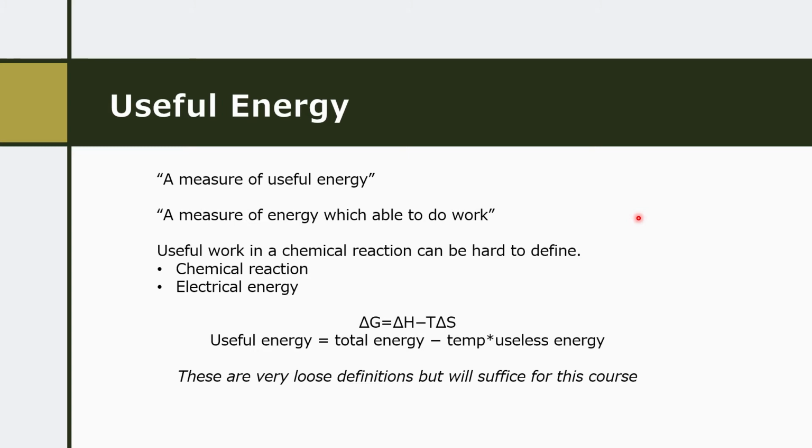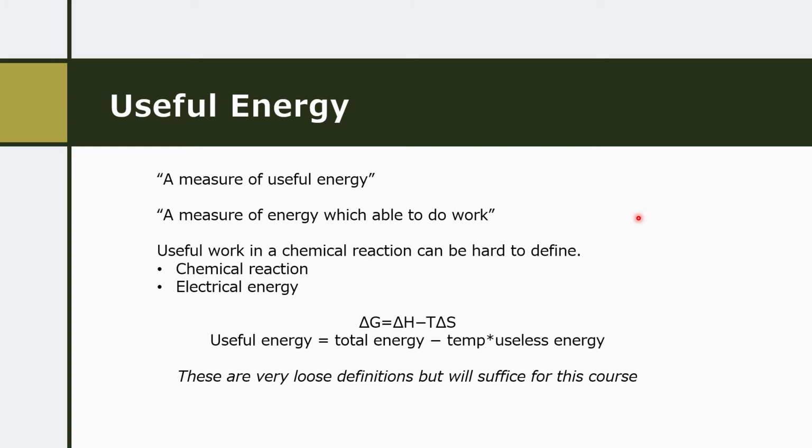And to define Gibbs free energy, in the opposite light to what we were talking about with entropy, Gibbs free energy is probably best defined as a measure of useful energy, or the energy which is able to do work. Now, like I alluded to in the previous video, useful work in chemical reactions can be really tricky to define in simple terms.